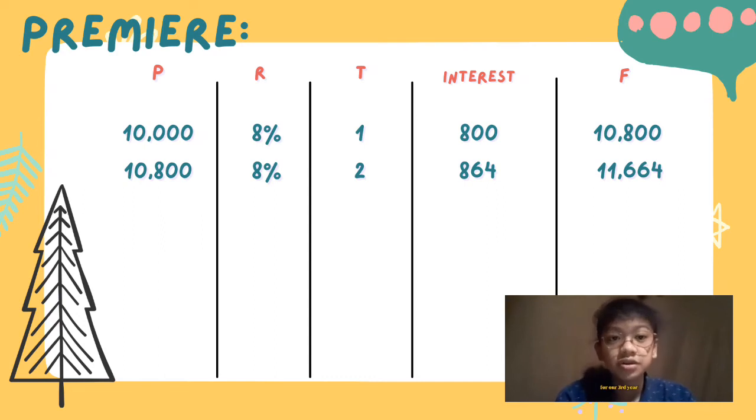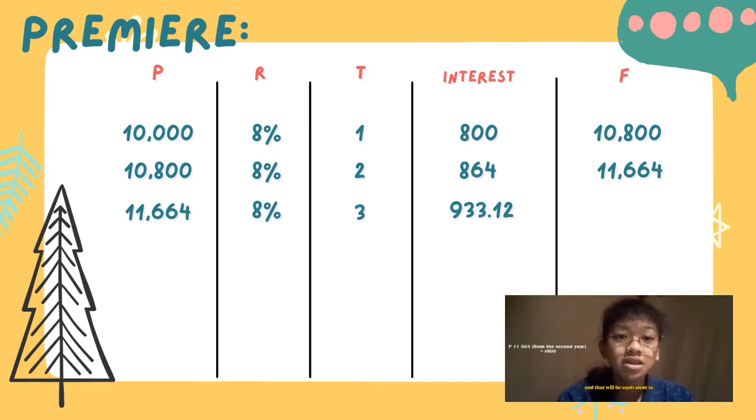For our third year, we will get 11,664 pesos and its rate, again, it's 8%, and then move to the computation. We will just do the same process. 11,664 pesos plus the rate, which is 8%, and that will be equivalent to 12,597.12 pesos for the third year.